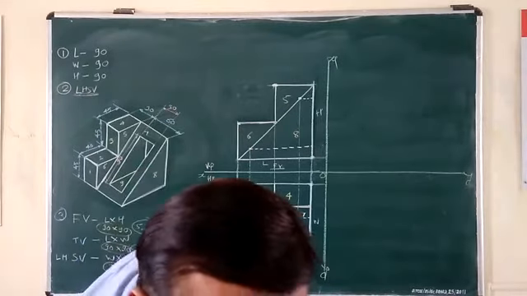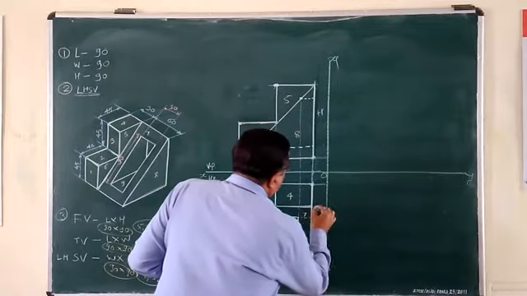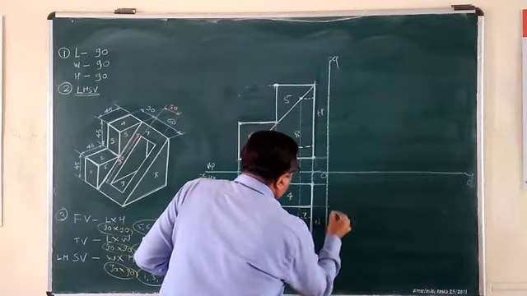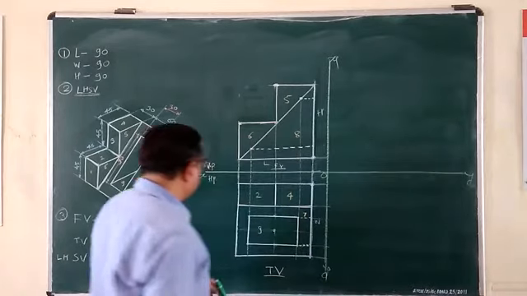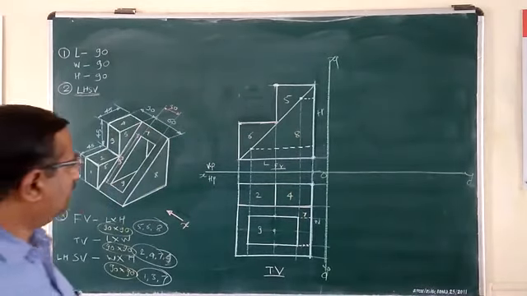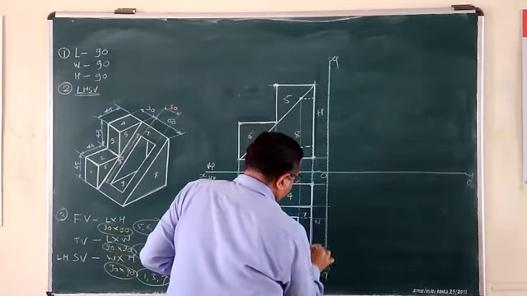Now, just like the earlier exercise, what you have to do is construct projection lines. Extend projection lines from all the steps, corners, holes, whatever it may be, from the top view horizontally, up to where?